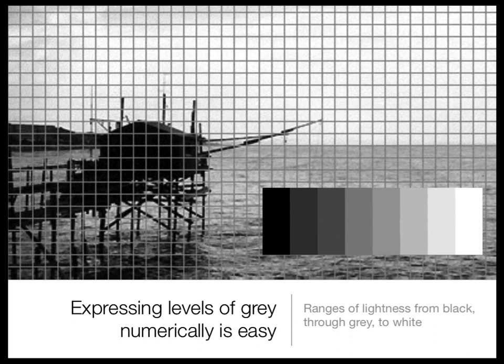Whatever value would come out of analysing one of these areas, it would fit into here or here. It would be assigned one or the other. And then a pixel of that colour would represent that region of the image. In this image, we've got 8 quantization levels. So this image would be represented by 3 bits per pixel, for example.